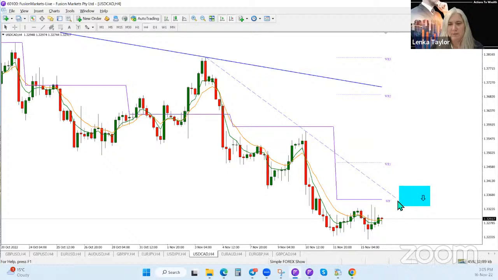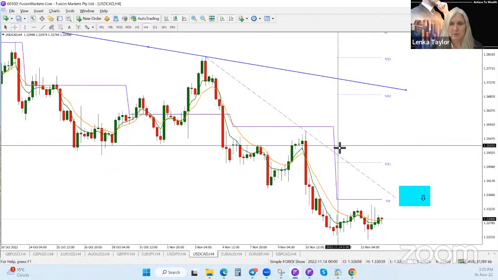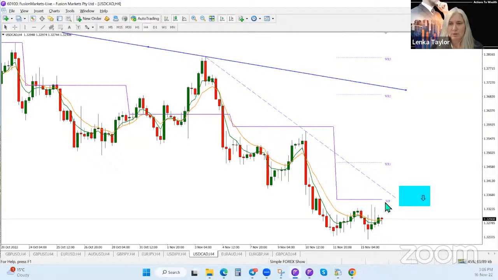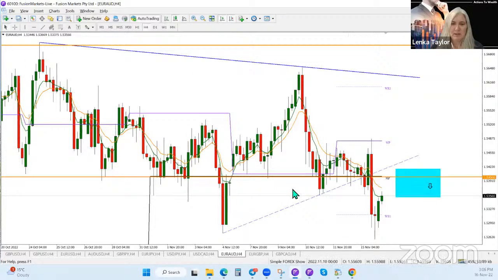If after that it keeps going, then it might go all the way to this level or any of those horizontal levels there. So I'm just going to wait to see when it turns back around, and I'll be looking for short opportunities.